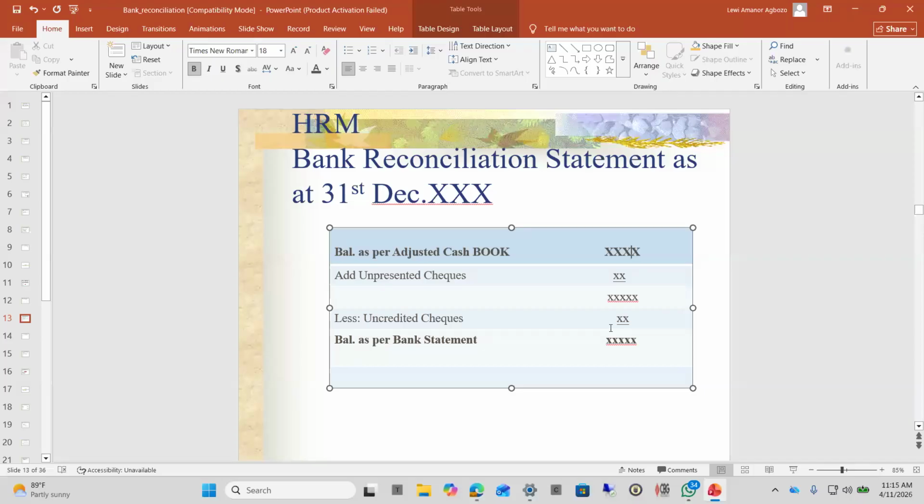If you start with the balance as per bank statement, you add uncredited and then less unpresented, then you get your balance as per adjusted cash book. Is that okay? Any question?